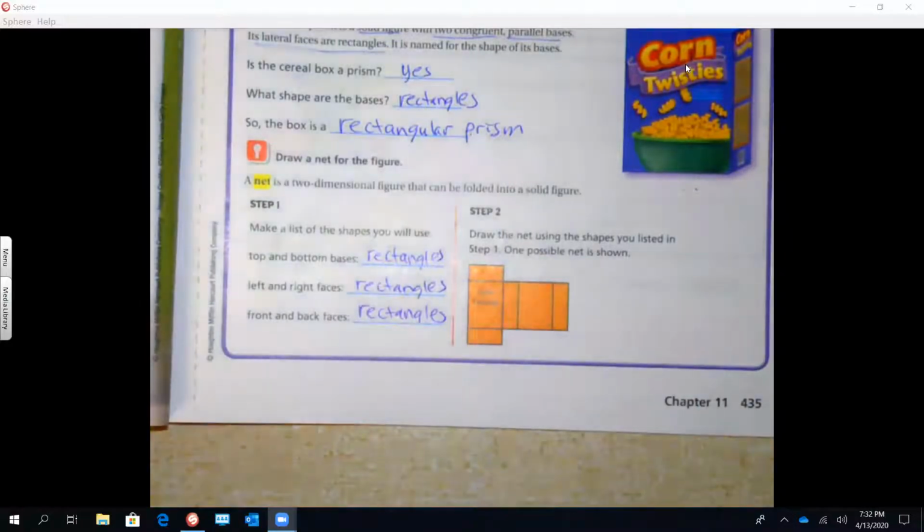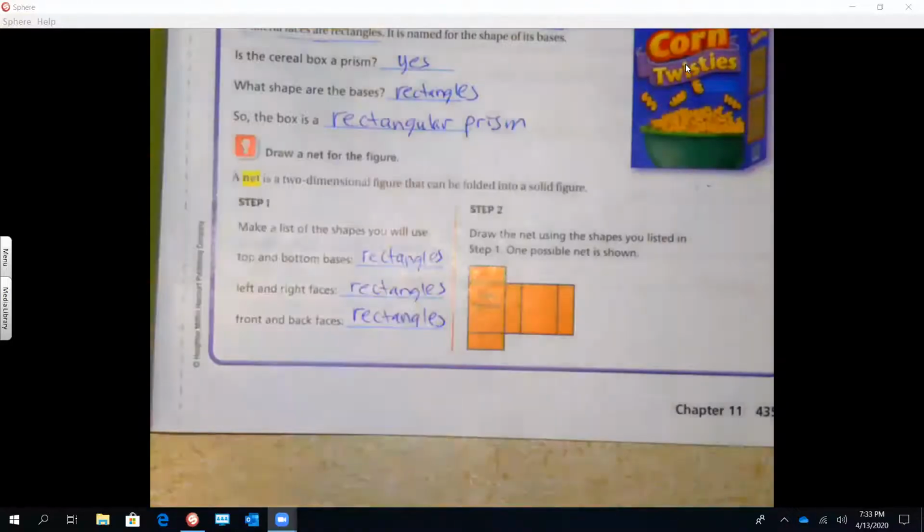So what I did was I took a box. Let's see if I can make the screen bigger. All right, so I just basically took a box.